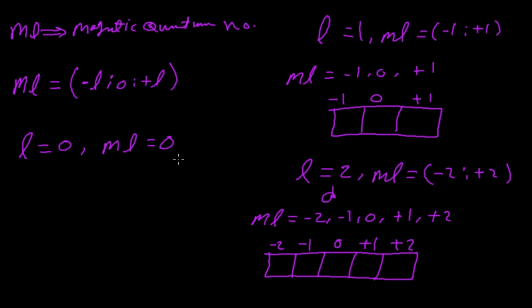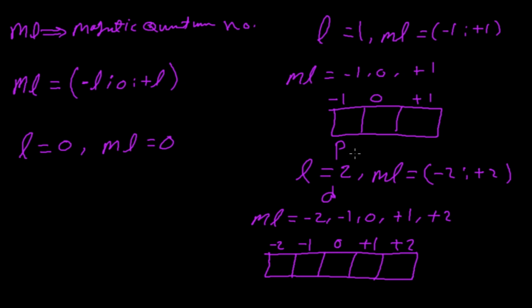So as you can see here, the magnetic quantum number refers to the orientation of the sublevel, or it describes the shape or the orientation of the orbitals. For example, in the sublevel P, where the subsidiary quantum number is equal to 1, you have 3 types of orbitals.